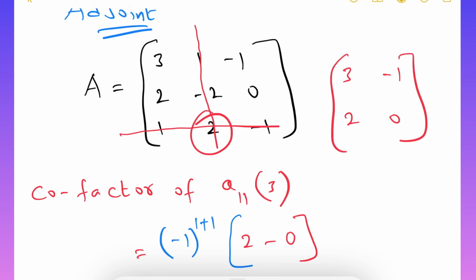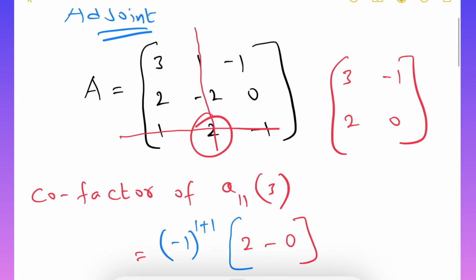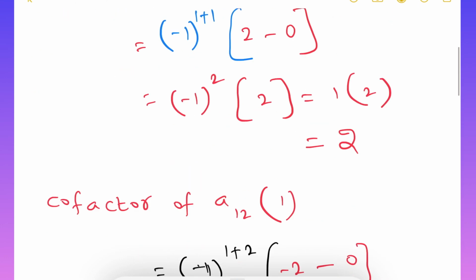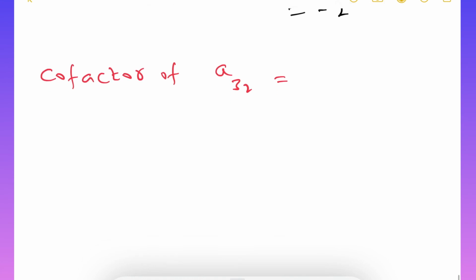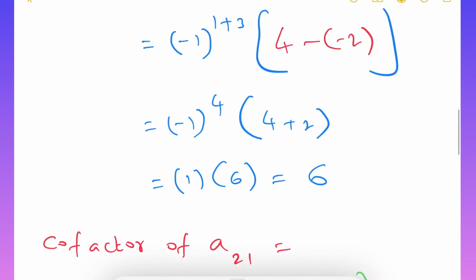We need to find the determinant for this. So we are finding now third row second column. Cofactor of a third row second column, that is equals to minus 1 whole power third row plus second column into whatever the new matrix we got.